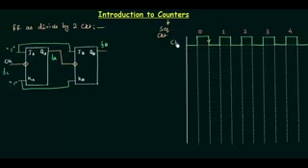This is my clock, so all the changes will occur for this falling edge. Now, as I have already explained, this clock is just given to the first flip-flop, whereas the output of this flip-flop is given as the clock to the next.